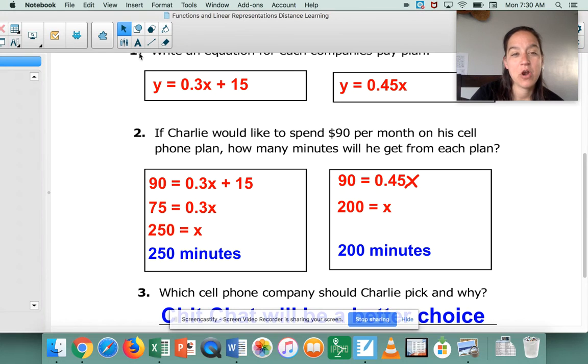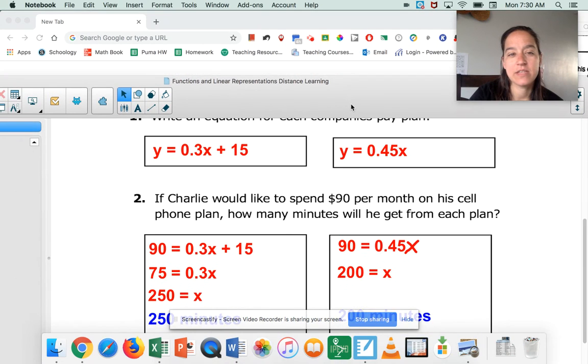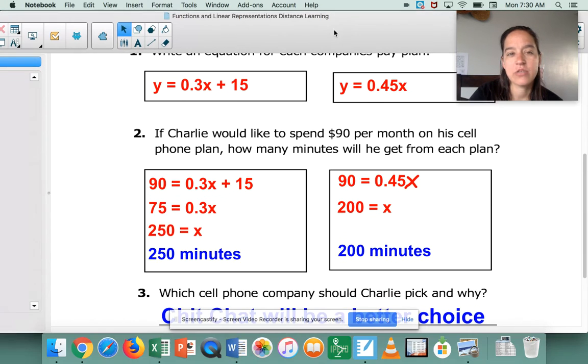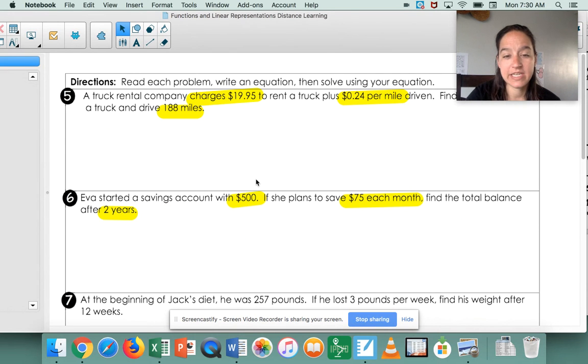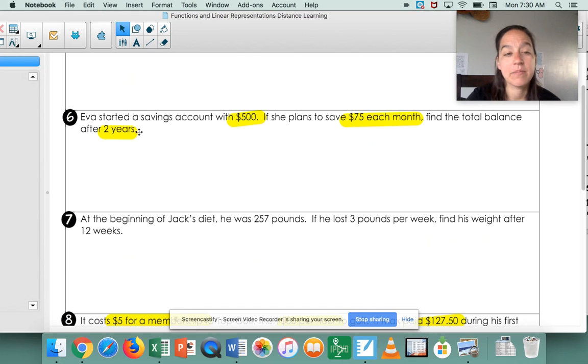The other part of your homework is going to be problems that look similar to the ones that we did here, where it might say, like number 6, Ava started with an account of $500. If she plans to save $75 each month, find the total balance after 2 years. Now, this one was great because we had months and years.